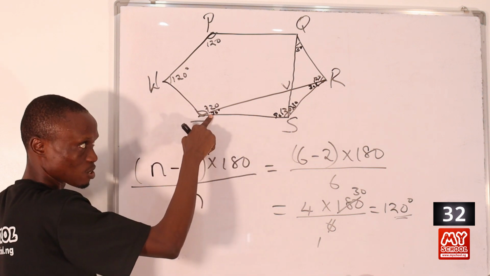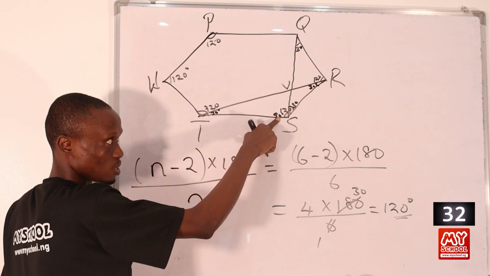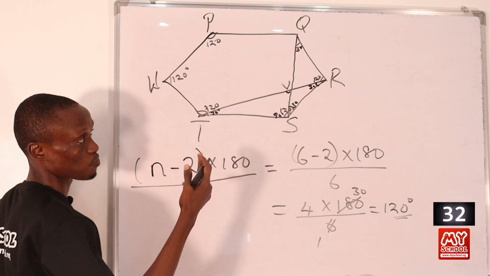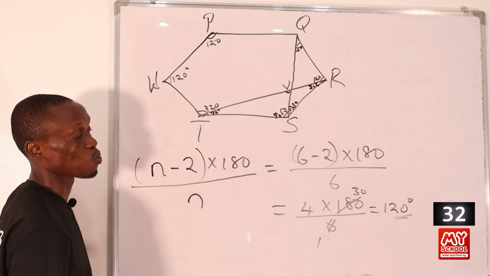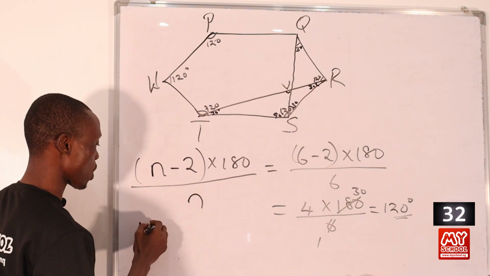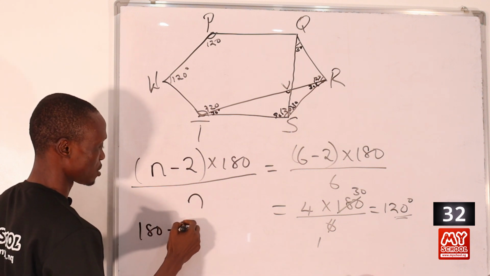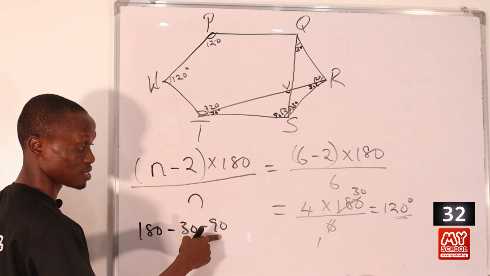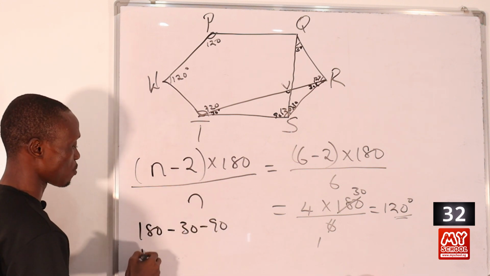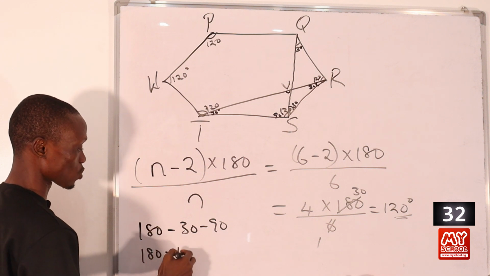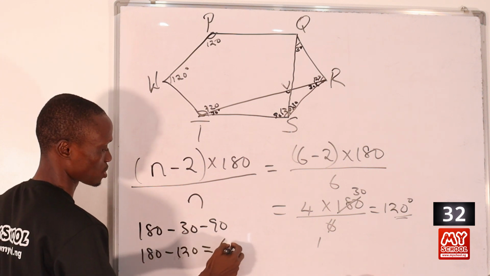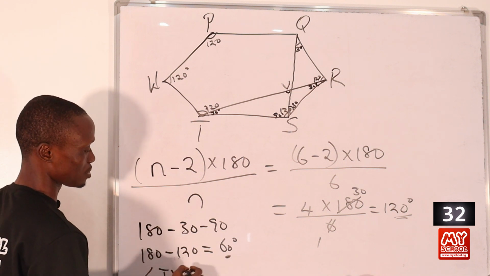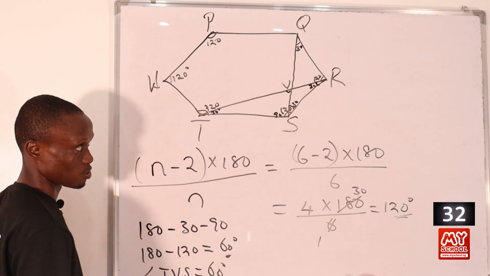So here is 30 degrees, here is 90 degrees, and we are looking for here. Remember, the sum of angles in a triangle is 180. So we say 180 minus 30 minus 90. Remember that 30 plus 90 is 120. So we have 180 minus 120, which equals 60 degrees. So the angle TVS is equal to 60 degrees.